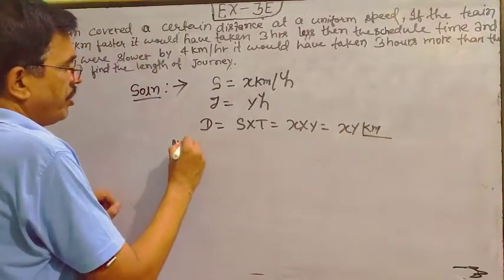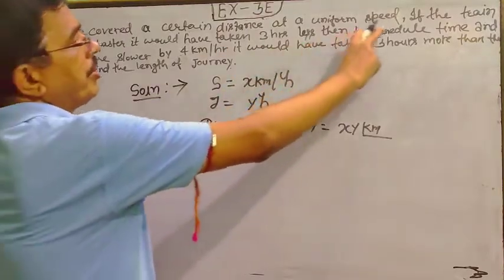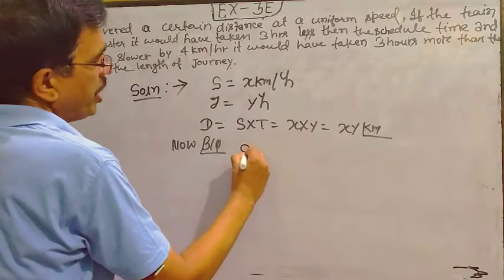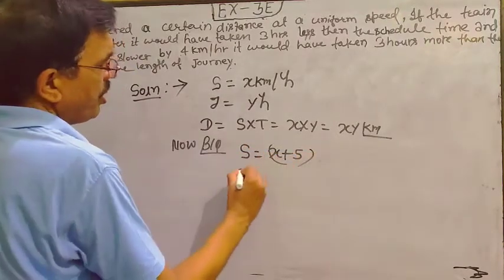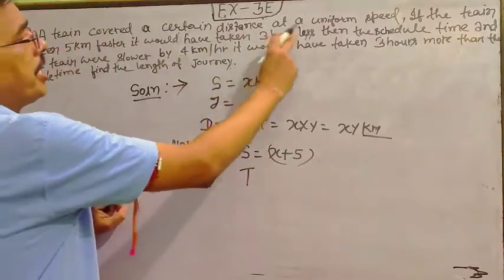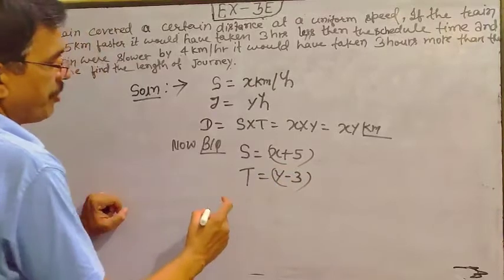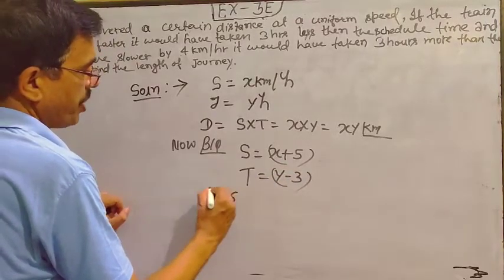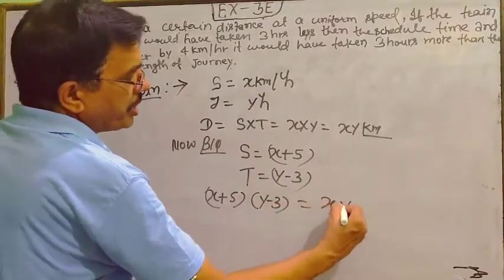Now by the question, if the train had been 5 km faster, then the speed is now x plus 5. But the time is 3 hours less, that is, the time is y minus 3. Then the distance is speed into time, and the distance is already given, that is xy.